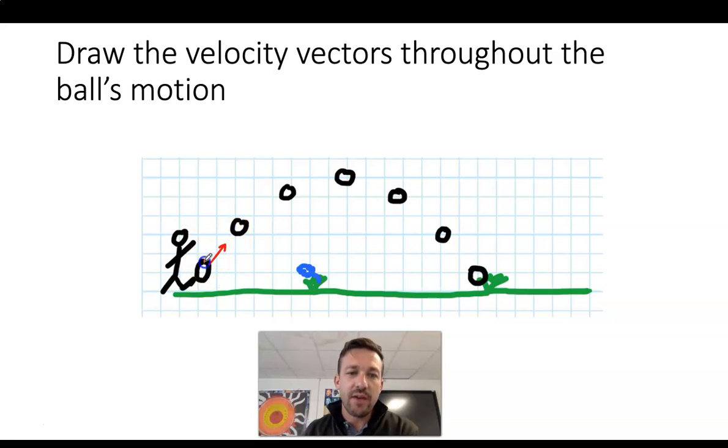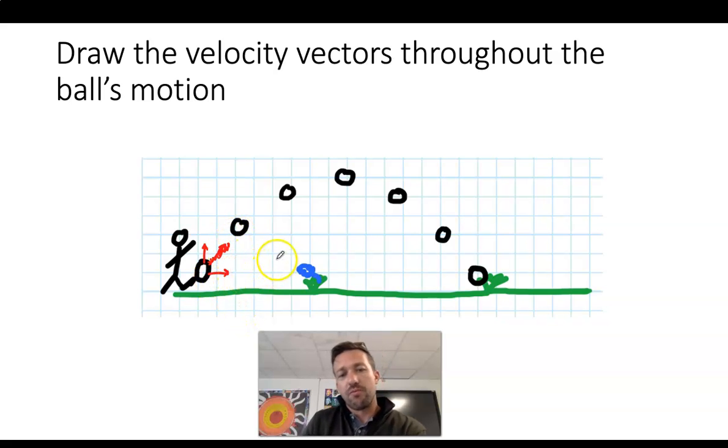Well, you have a vertical velocity and a horizontal velocity. I tried to match it up vertically and horizontally. The diagonal is called the resultant, and you use Pythagorean's theorem to get it. I'm not going to ask you to draw that. I always want you to break it up into two dimensions, your vertical and your horizontal.